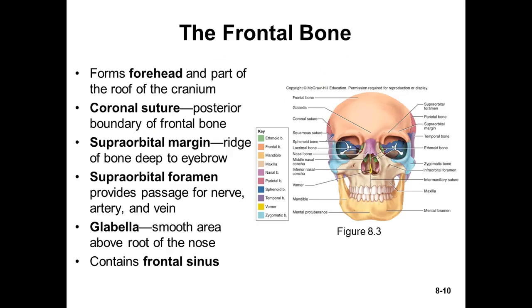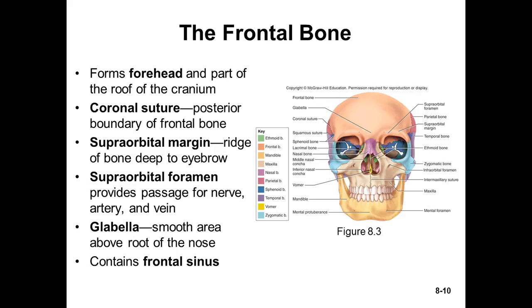The frontal bone, the orange part that you see in your textbook, that's simply just your forehead. The little smooth part just between the supraorbital margins of the eyes is called your glabella. You have a supraorbital foramen, which is in that picture. I see the supraorbital margin.